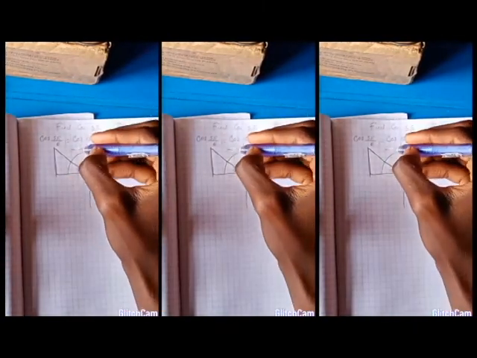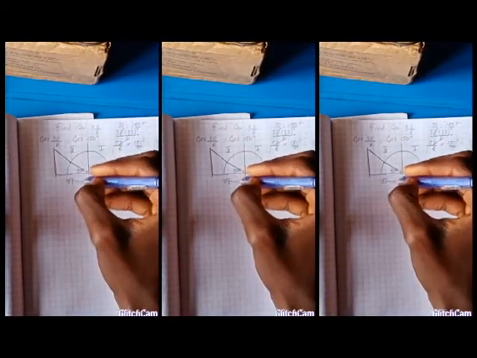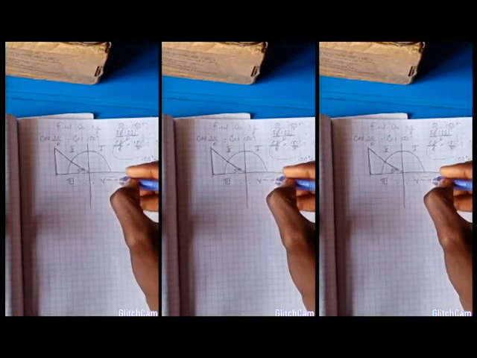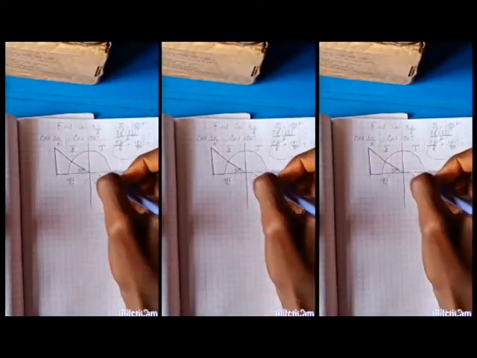With the quadrants, we also know that this is quadrant 2, and this is quadrant 1, 3, and 4. Now we can put these values depending on the quadrant.